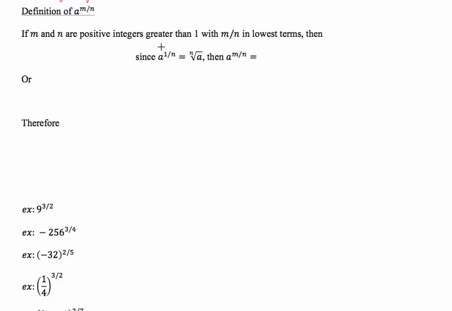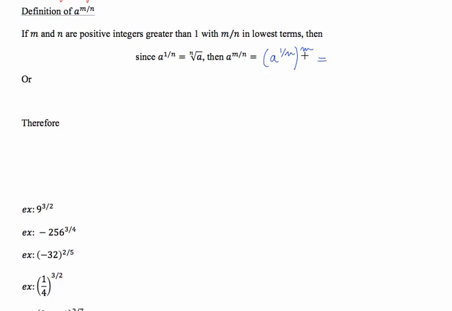Since a to the 1 over n is equal to the nth root of a, to explain what a to the m over n means, I'm going to first rewrite that as a to the 1 over n all to the power of m. Now I'm unsimplifying as I go from this step to this step, because what I would normally do here is multiply these two exponents, and 1 over n times m is equal to m over n.